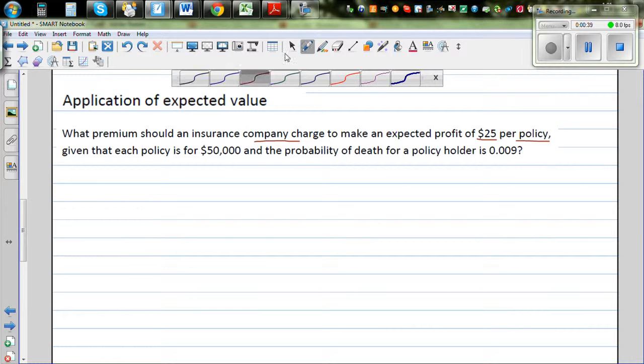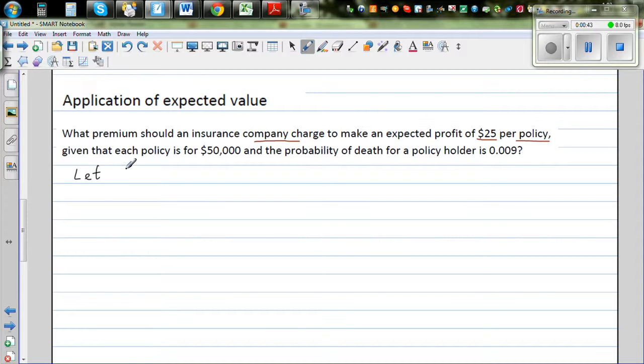So let's say the premium be P. The premium they are going to charge is equal to P, and the expected gain that the insurance company wants is $25 per policy.